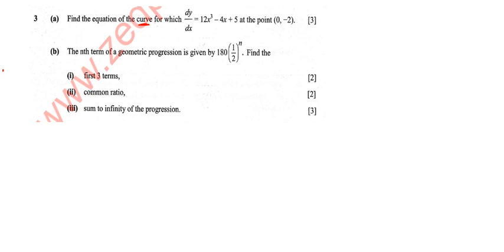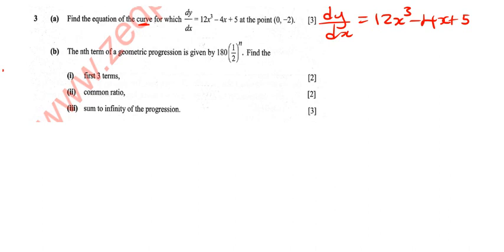So for the fact that you have already been given dy over dx, this shows that this equation is already in differentiated form. This equation represents the gradient function. But we want the equation of the curve.